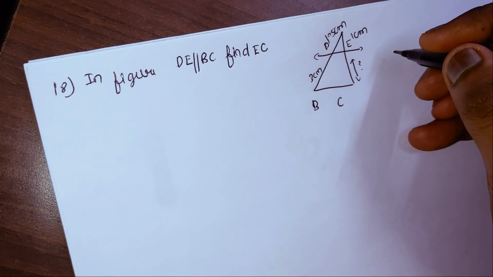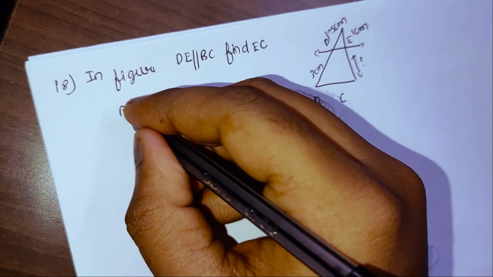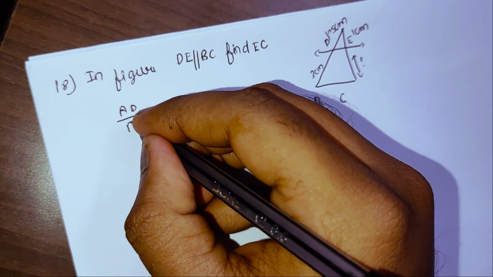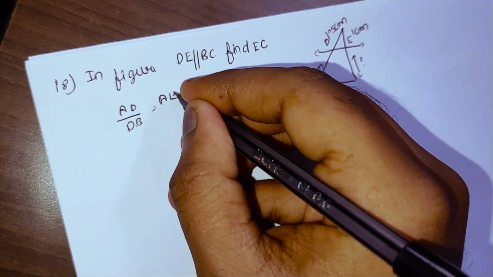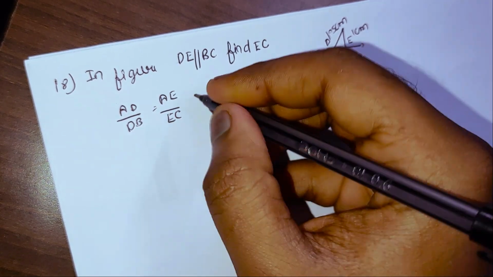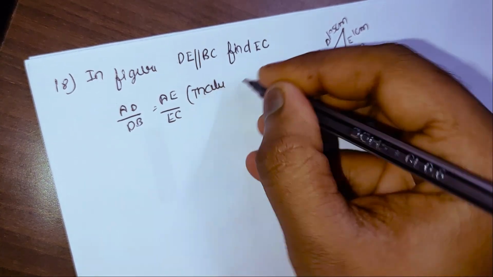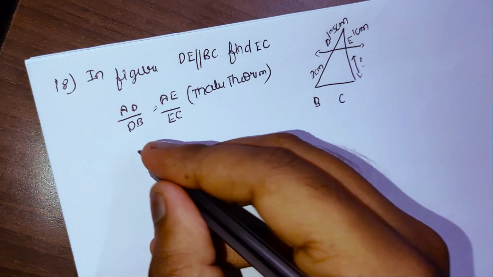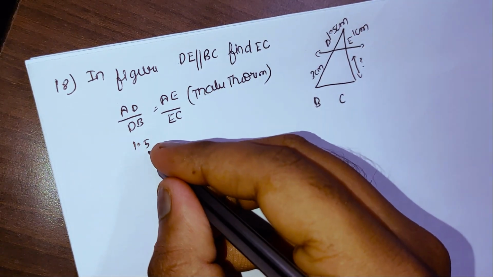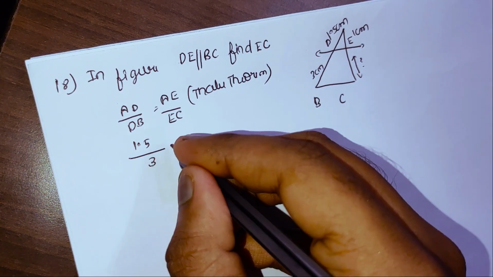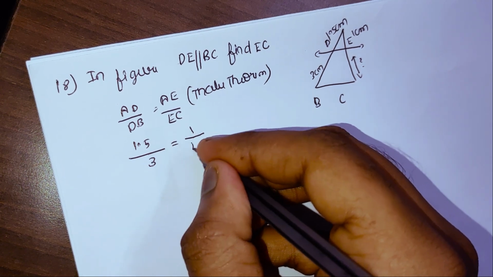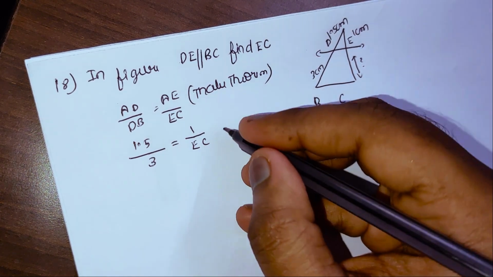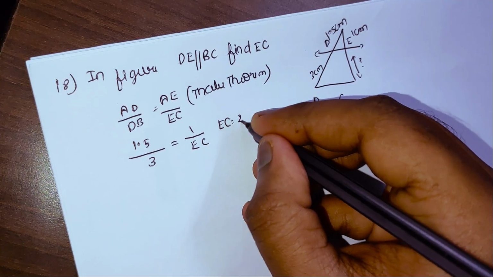We know by Thales theorem AD by DB is equal to AE by EC. We substitute the values. AD is given as 1.5, DB is given as 3, AE is 1. Find EC. EC is nothing but 2 centimeter.